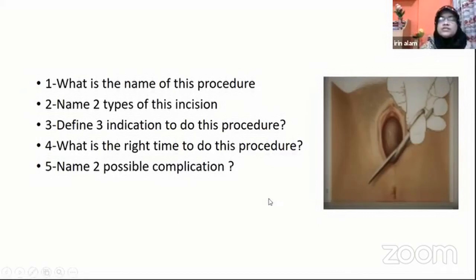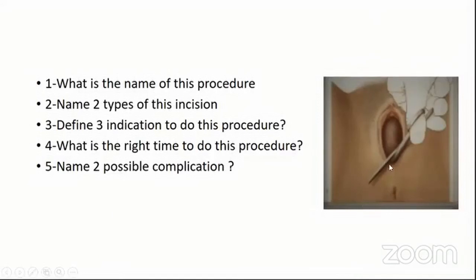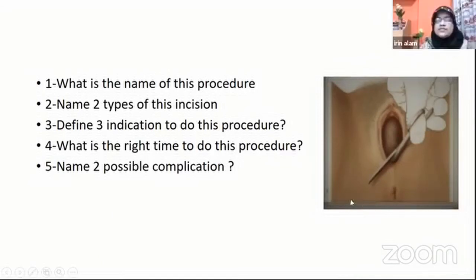What is this picture? Can you see the picture? Name the procedure. What is the name of this procedure? Episiotomy. Yes, this is episiotomy. Name 2 types of this incision. This is mediolateral, and there may be lateral incision.